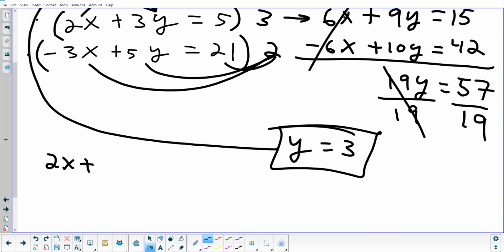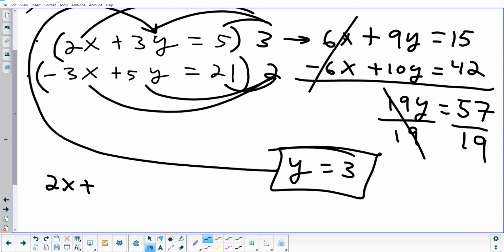So I'm going to end up with 2x plus, Casey, what am I going to have right after that? So I'm plugging y into the top equation. So you're going to take this equation, right?